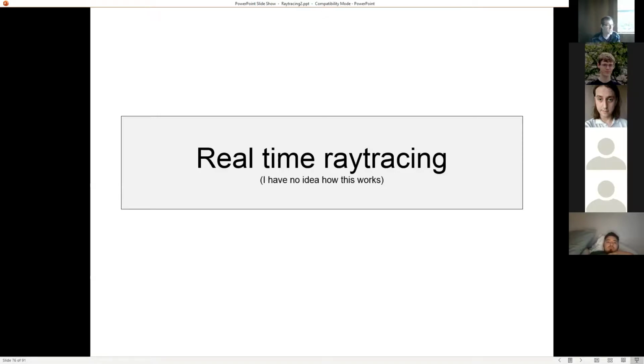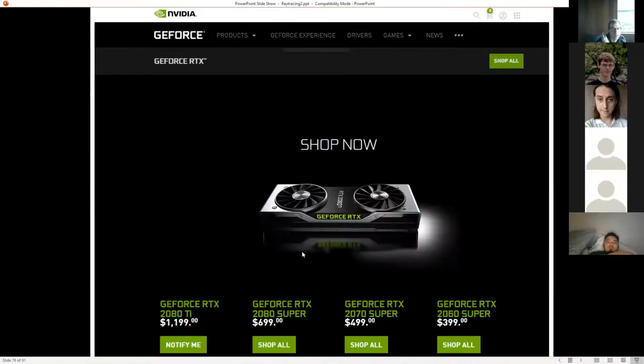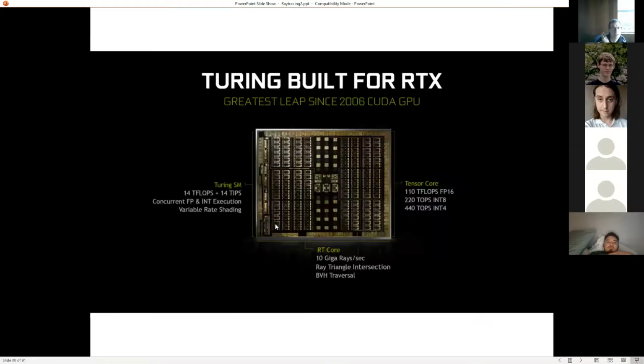So I'm going to say only some high-level things so you know something about what's going on. You see NVIDIA is advertising that their real-time ray tracing is here, and if you wanted to pay them a lot of money, you could have it. That's what companies do, no surprise. What does that mean?